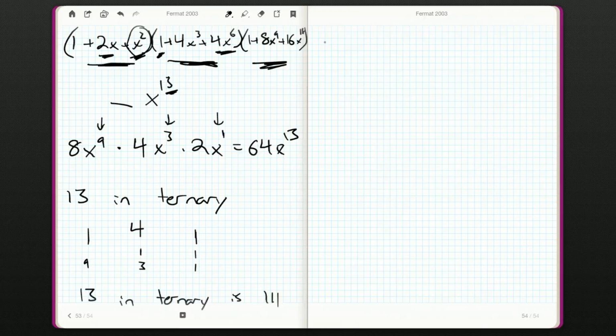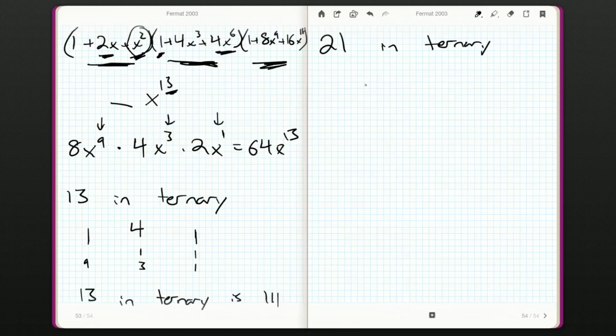Okay. Can I get another example here? How about 21 in ternary? What's the biggest power of 3 less than 21? 9. How many 9s go into 21? Why, there's 2 9s. And it gives a remainder of 3. What's the biggest power of 3 less than 3? 3. How many 3s go into it? One 3.